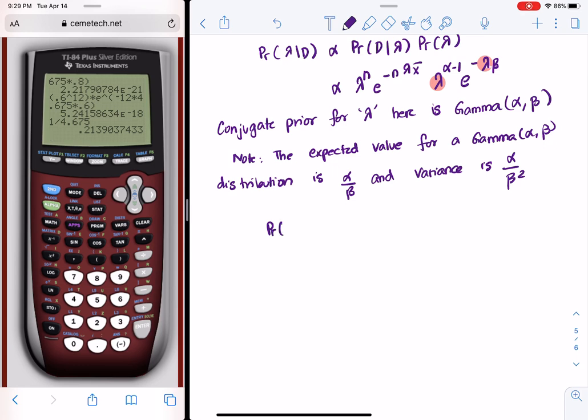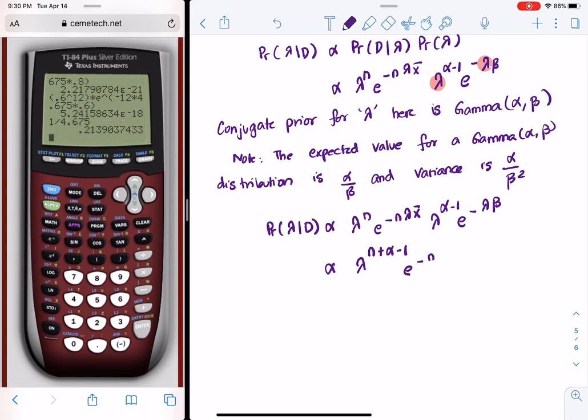So we have the probability of lambda given the data. It's proportional to lambda raised to n, e raised to negative n lambda x bar, lambda raised to alpha minus 1, e raised to negative lambda times beta. The bases are identical for the lambda part, so I'm going to combine the powers, n plus alpha minus 1, and I'm going to combine the exponentials.